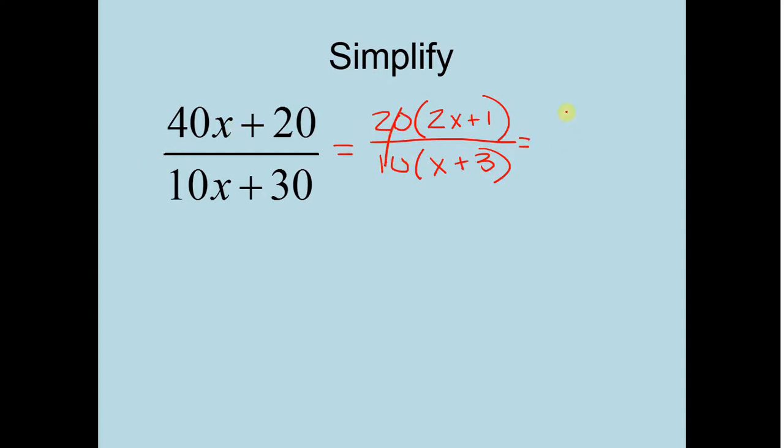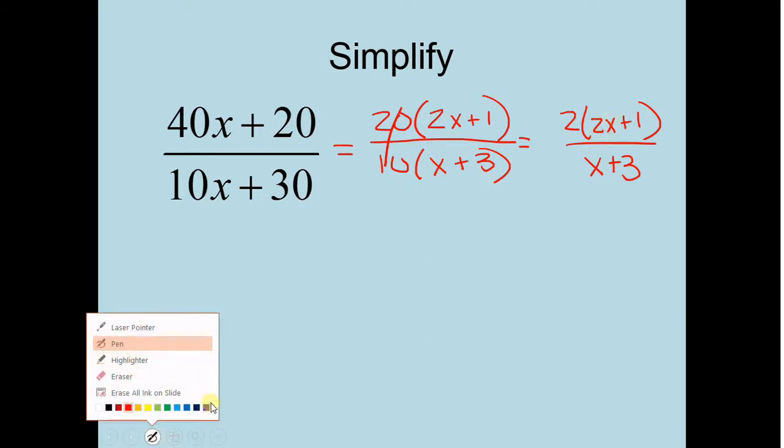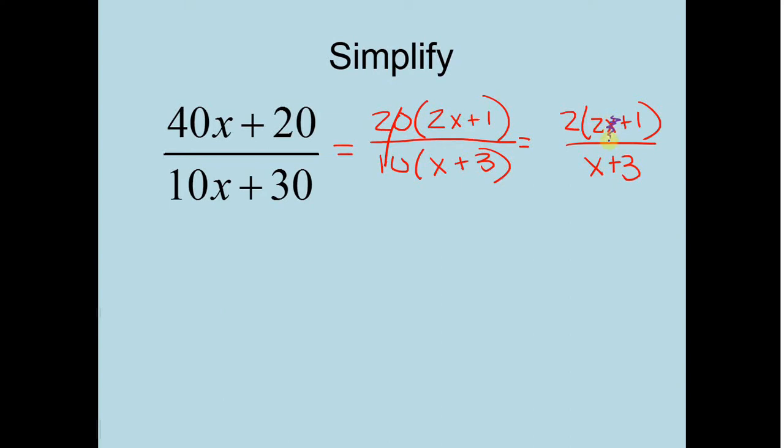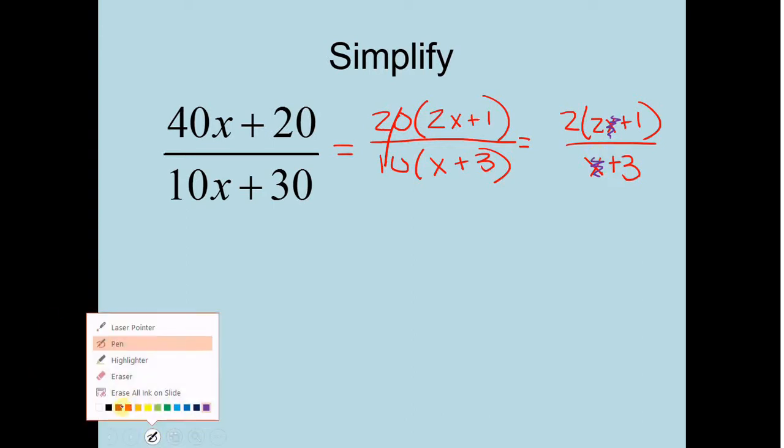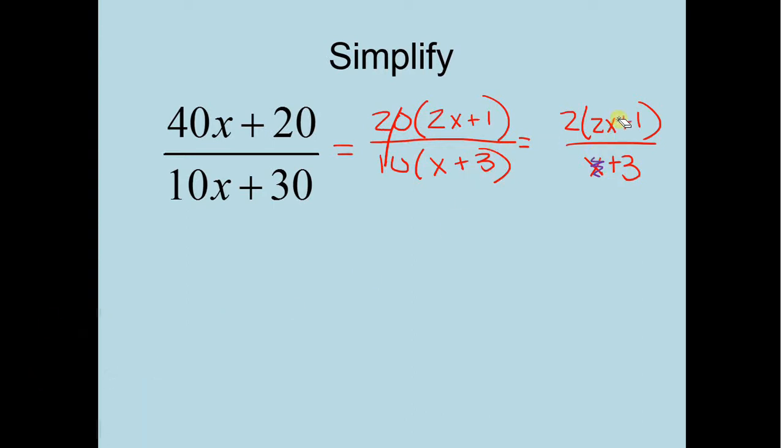That can cancel down to 2x plus 1 over x plus 3, right? Because that's going to become a 1. Now, these x's right here cannot cancel. That would be killing a kitty. Don't kill kittens. You can only cancel factors, not terms. Okay?